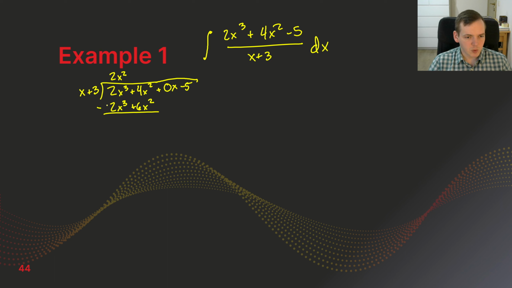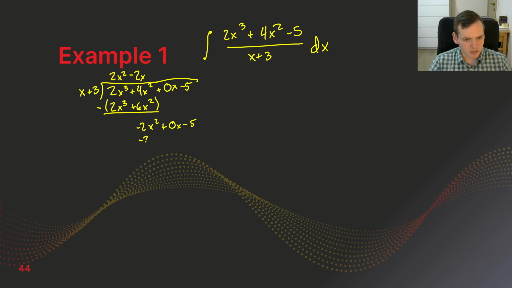So now if I subtract this, the first terms cancel, and I'm left with negative 2x squared plus 0x minus 5. 2x squared goes in negative 2x times.